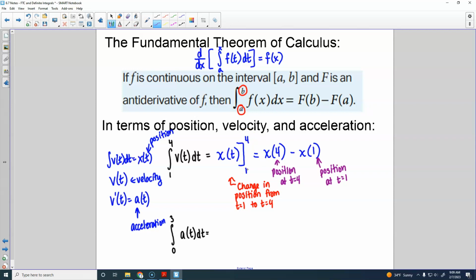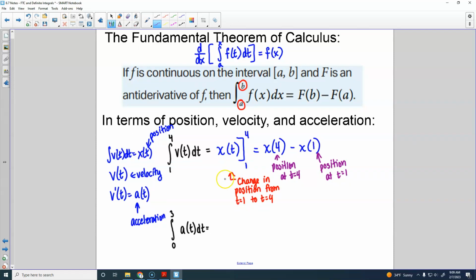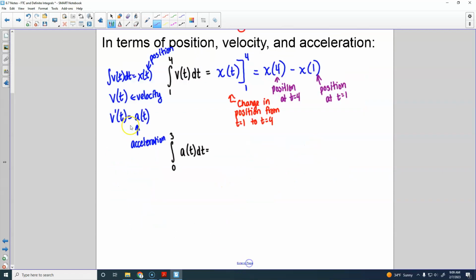I'm just dealing with a generic problem here we don't have an equation for, so we can't actually figure that out here. So if I have acceleration, and I'm integrating that from 0 to 3, when I integrate acceleration, what do I get?